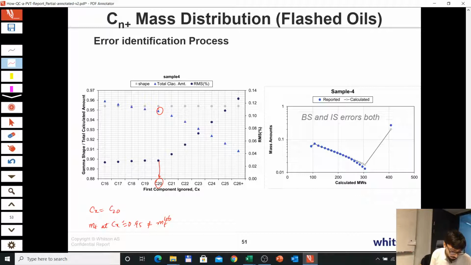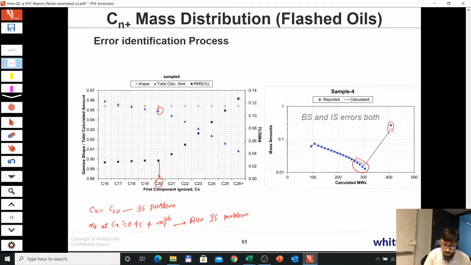So now this tells us that there is a baseline shift problem, and this is telling us that there is also an internal standard problem. Okay, there is also an internal standard problem. And when you look at this plot here, you can see that you have a mismatch here, you also have a mismatch here.